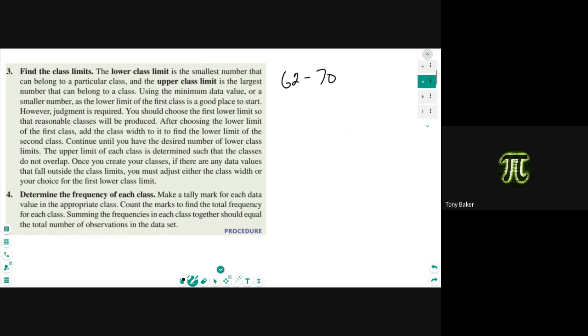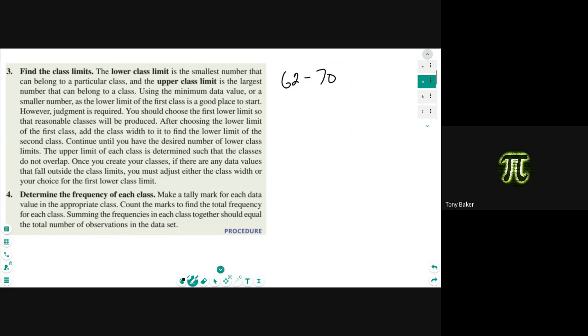How many did you get? 62, 63, 64, 65, 66, 67, 68, 69, 70. How many did I get? 9. Not 8. So my class width is 9, not 8. But I wanted a class width of 8. What was the mistake we made?